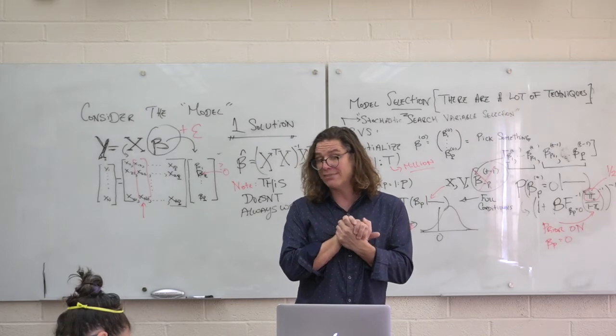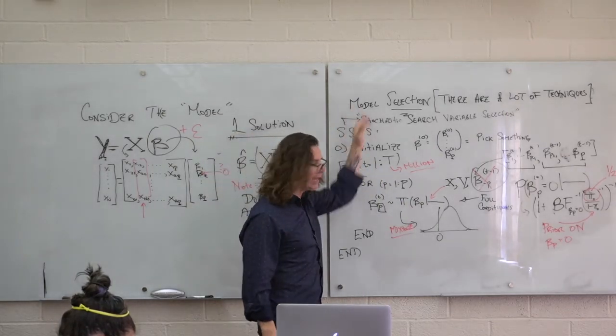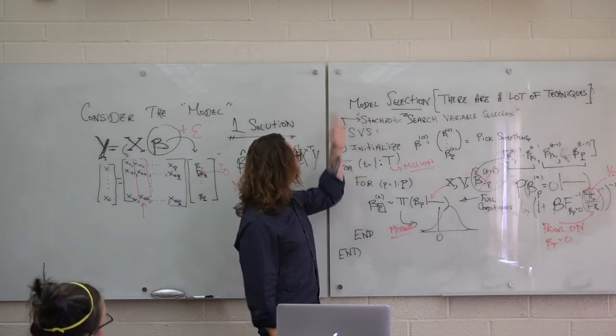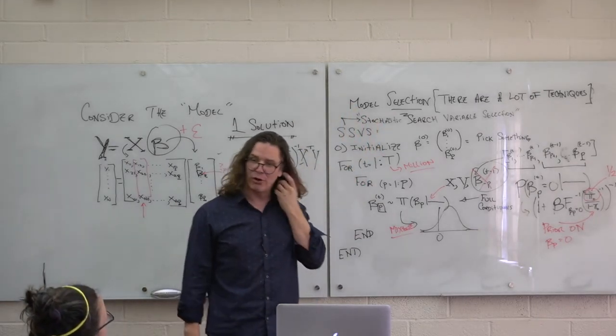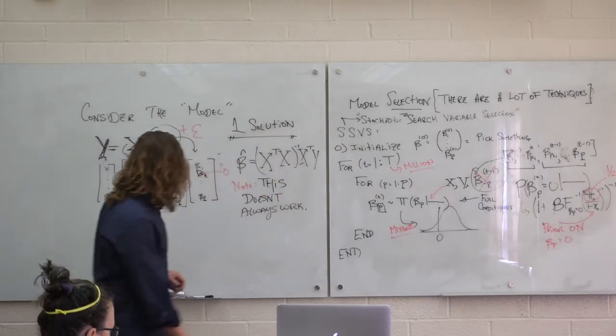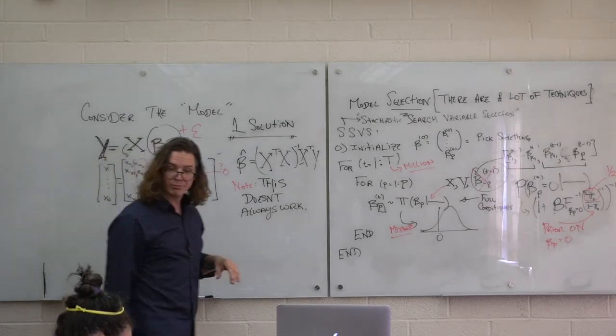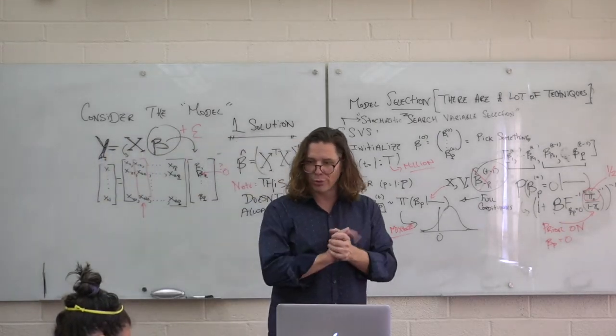If you've been going to stat conferences for a while, you've seen ample presentations on this. Every statistician somewhere has a paper on model selection, how they do it. And really what we're arguing about is how much are we trying to enforce these things to be zero? So how much pressure are we giving it?